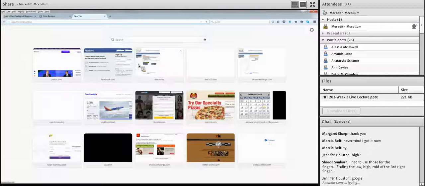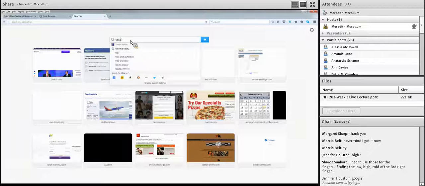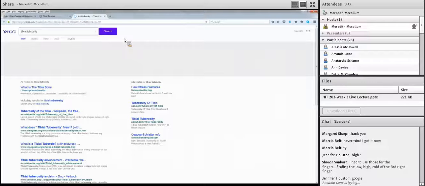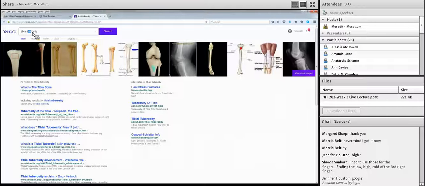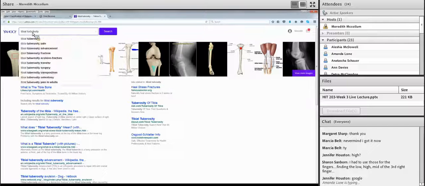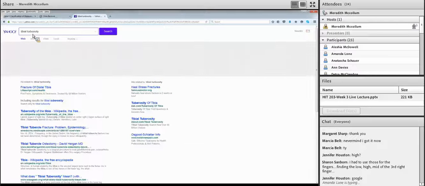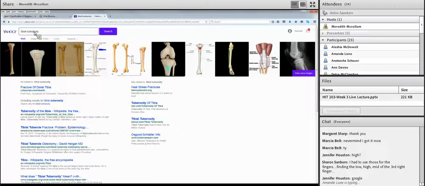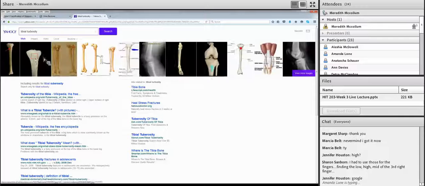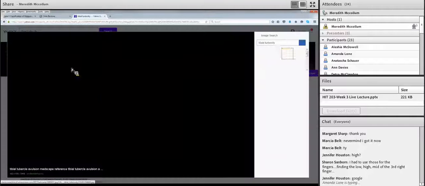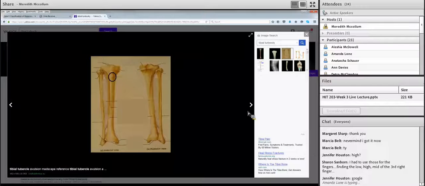So under Google, tibial tuberosity, and I spelled it wrong, but they seem to know what I meant. There we go, tuberosity. That was funny. Okay, so here, let's look at some of the pictures. It's not a good one.